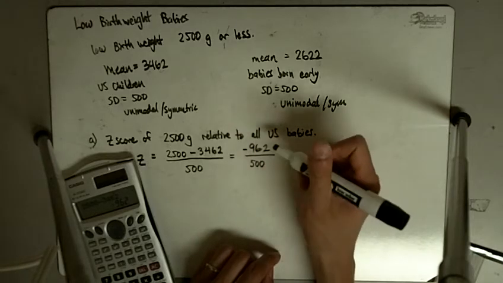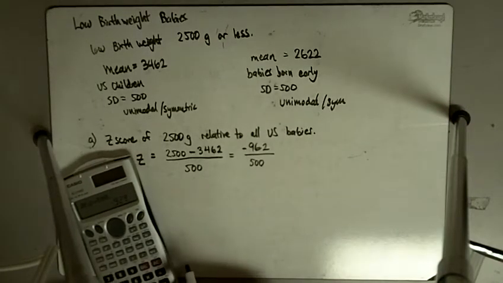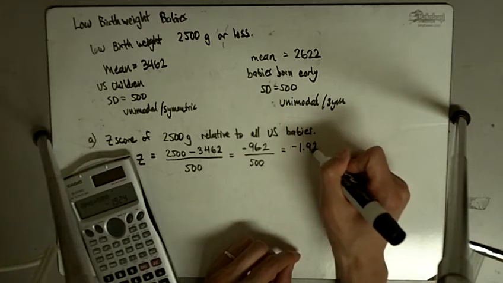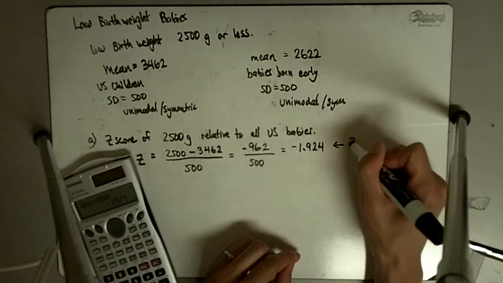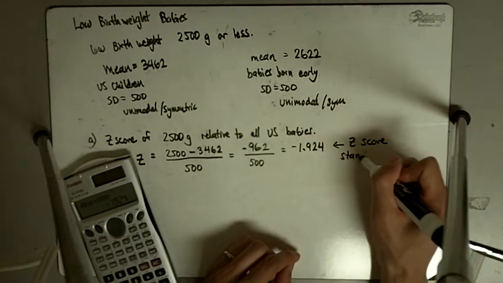I do 962 divided by 500, and this gives me a negative 1.924. So this is my z-score, also known as the standardized score.